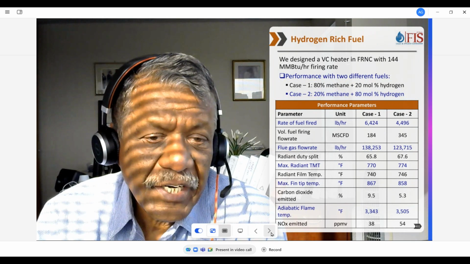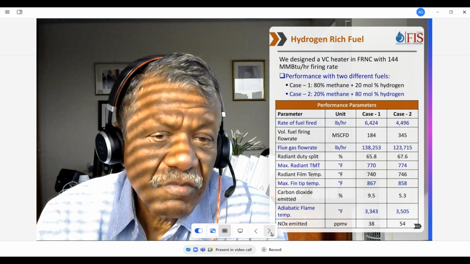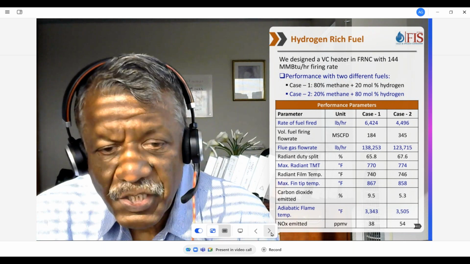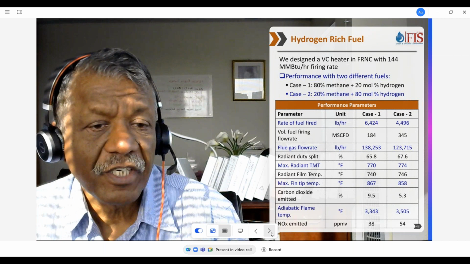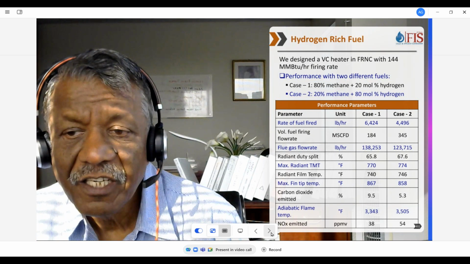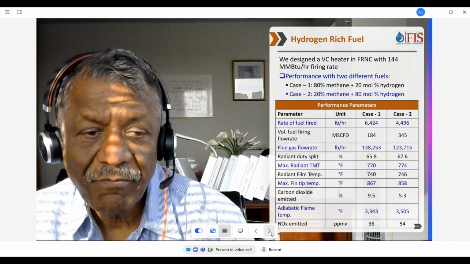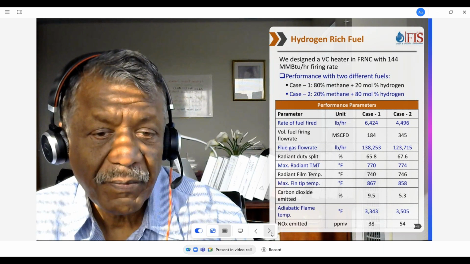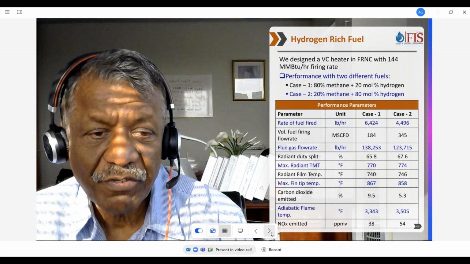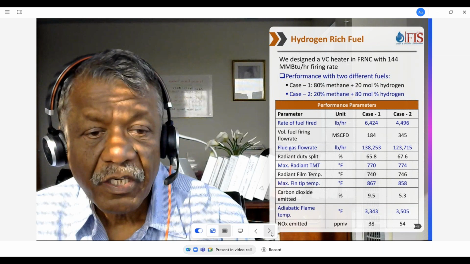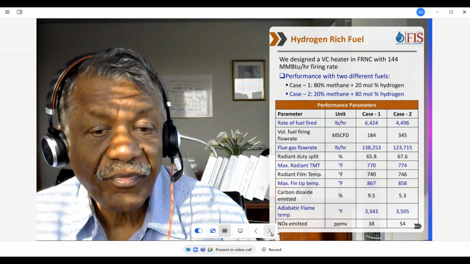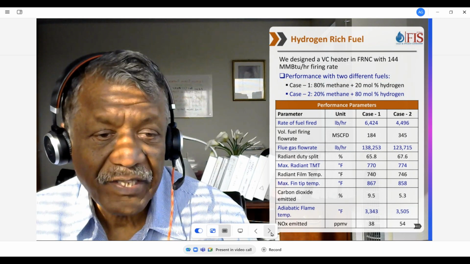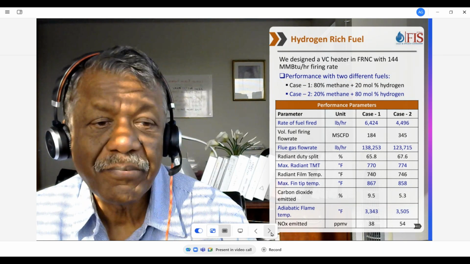If you look at the flame temperature, it is going to be 3300 versus 3500. So there is almost a 200 degree hotter flame, which is not much. I mean, if you preheat air, you get almost the same number. NOx emitted is 38 versus 54. I think this is not absolutely correct.